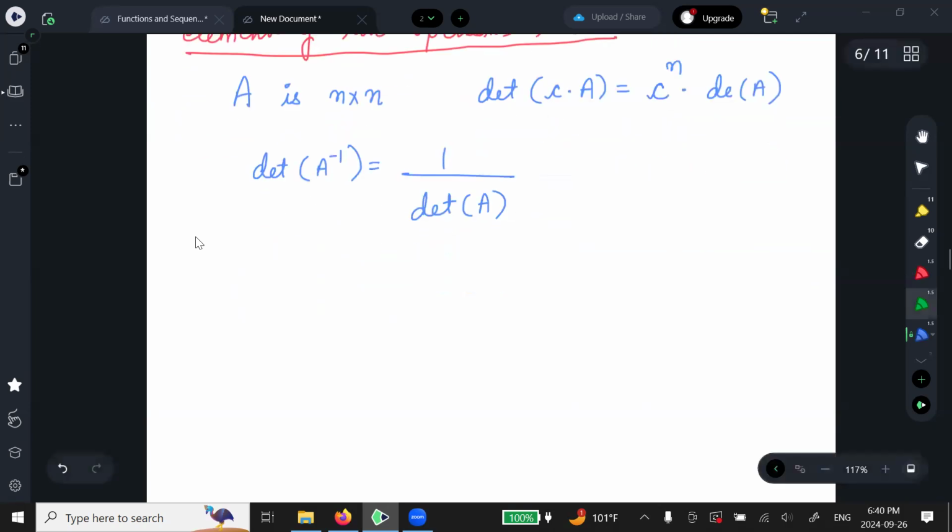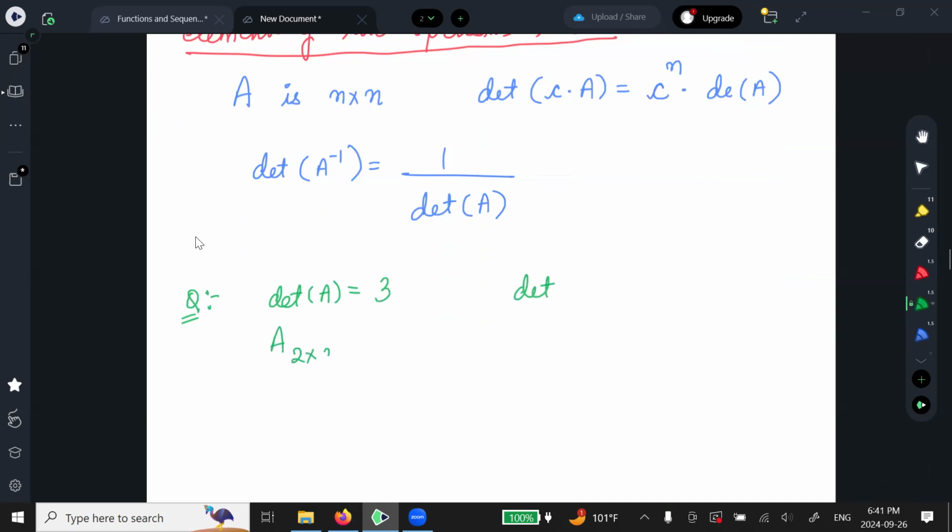If I give you a determinant of A question, if I have determinant of A equals 3, and A is 2 by 2, okay? What is determinant of 3A squared?